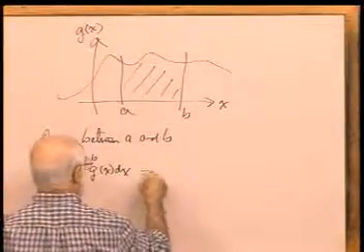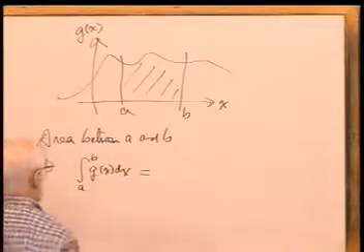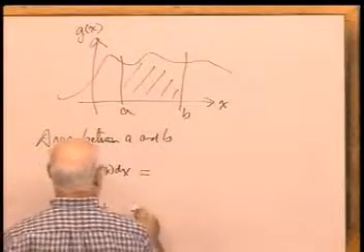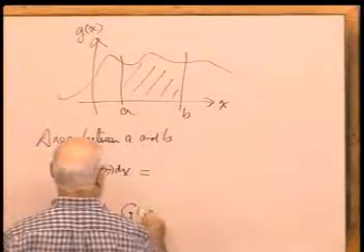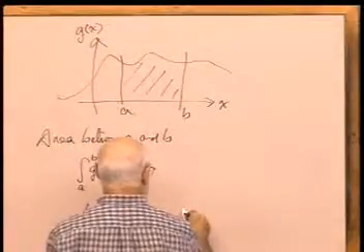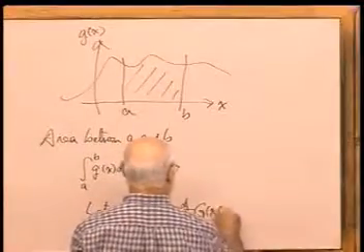Okay, now, how do I find that area? Well, this is what the fundamental theorem of calculus says. It says, let capital G of x be such that the derivative of big G is little g.